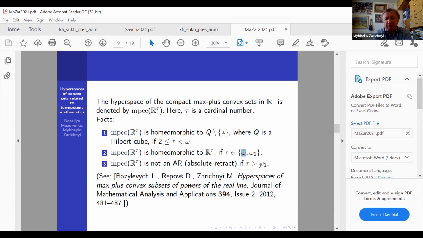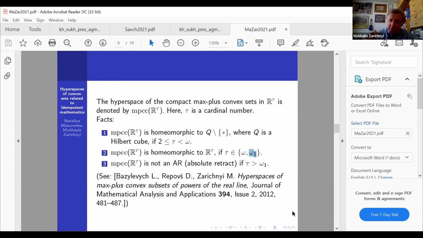It shows that if we consider the weight omega-1, then we can decompose this into an inverse system consisting of metrizable things, which is a well-ordered system, and we simply approximate this limit space by smaller metrizable spaces with nice projections.